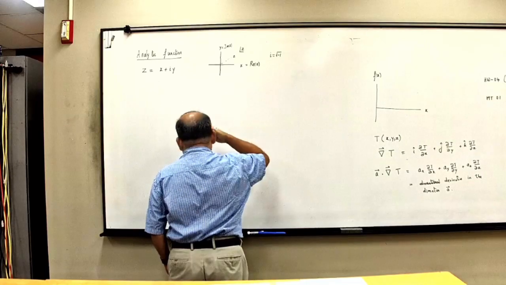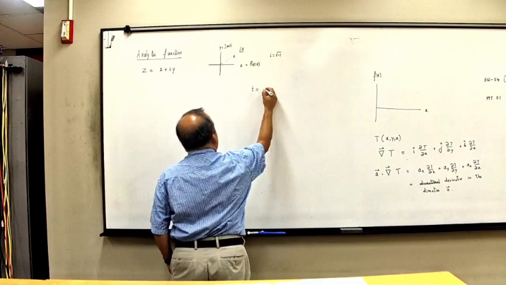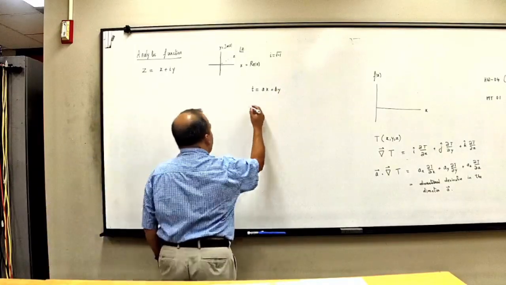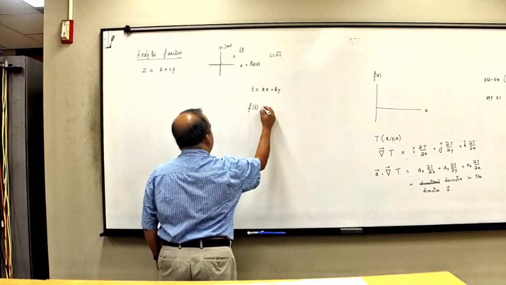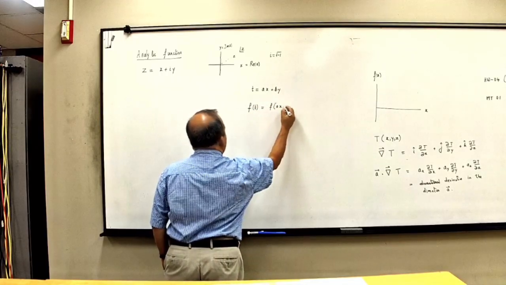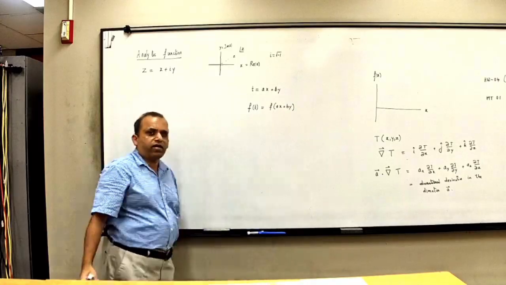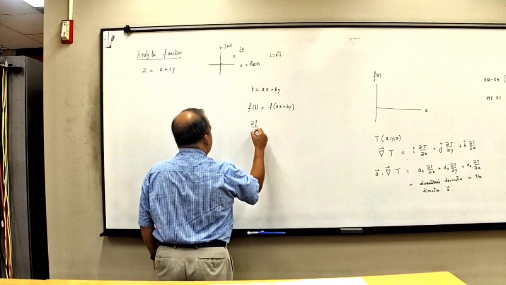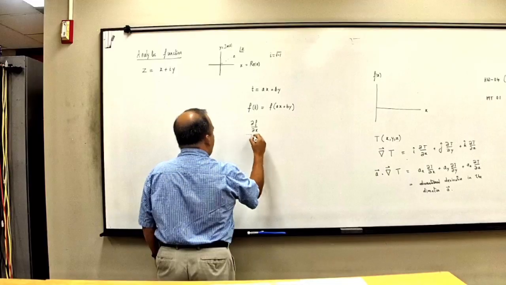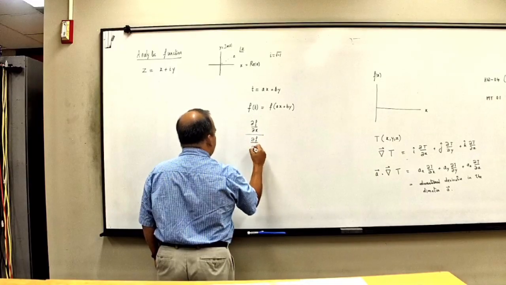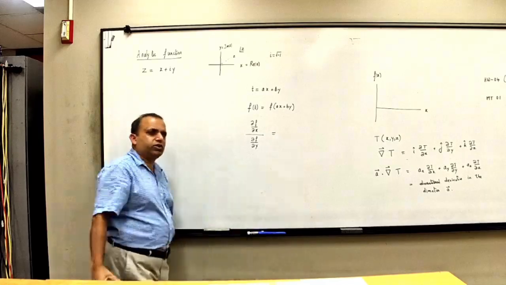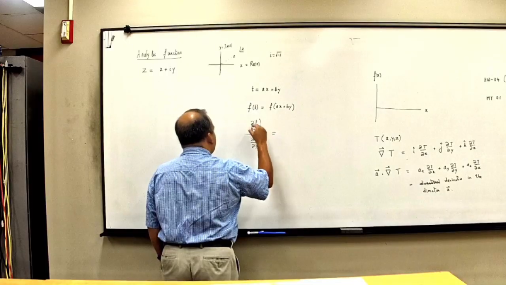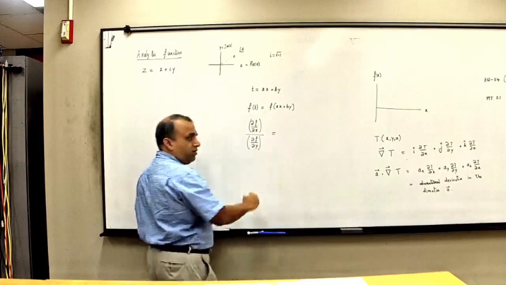Remember, take a generic variable, so if you have ax plus by, and if you have a function of t, f of t, which is equal to a function of a of x plus b of y, the derivative of this function f with respect to x over the derivative of the function with respect to y would be equal to, this is two derivatives, partial y with respect to x.